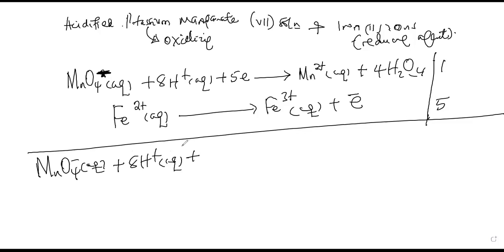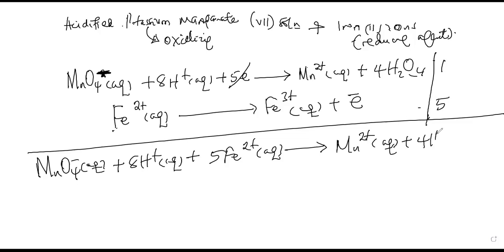Since the electrons are balanced, they will cancel 5 electrons, 5 electrons. So we add 5 iron 2 ions to give us 1 manganese 2, plus 4 water molecules and 5 iron 3 ions. Is that okay?